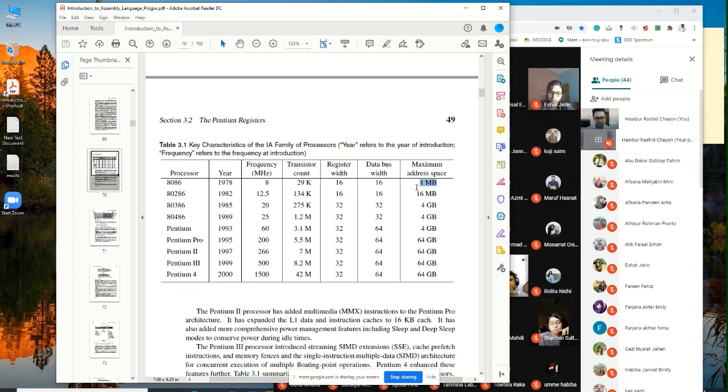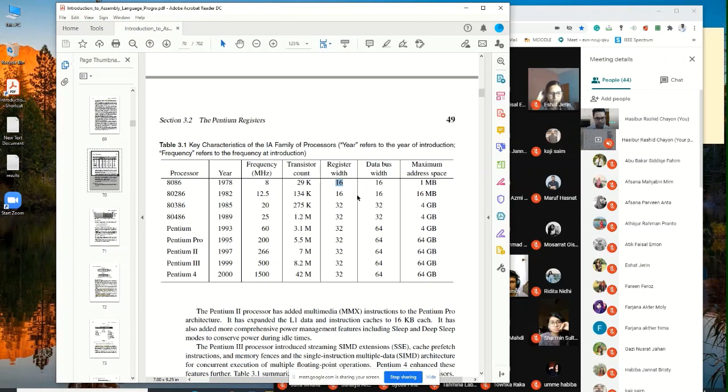The problem arises when we think about the width of the register. The address bus is 20-bit long, but the register width is only 16-bit long.